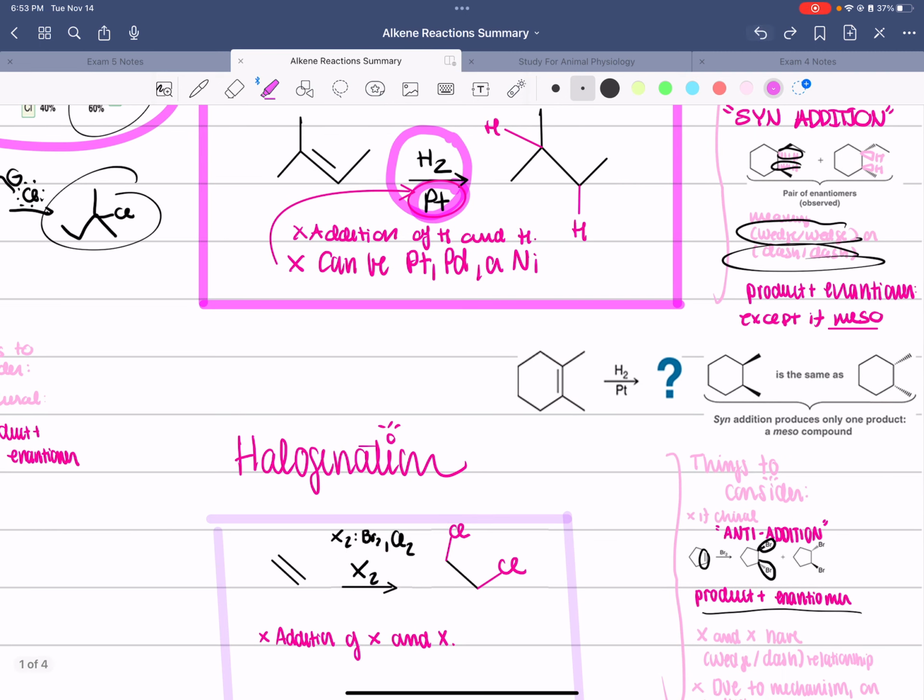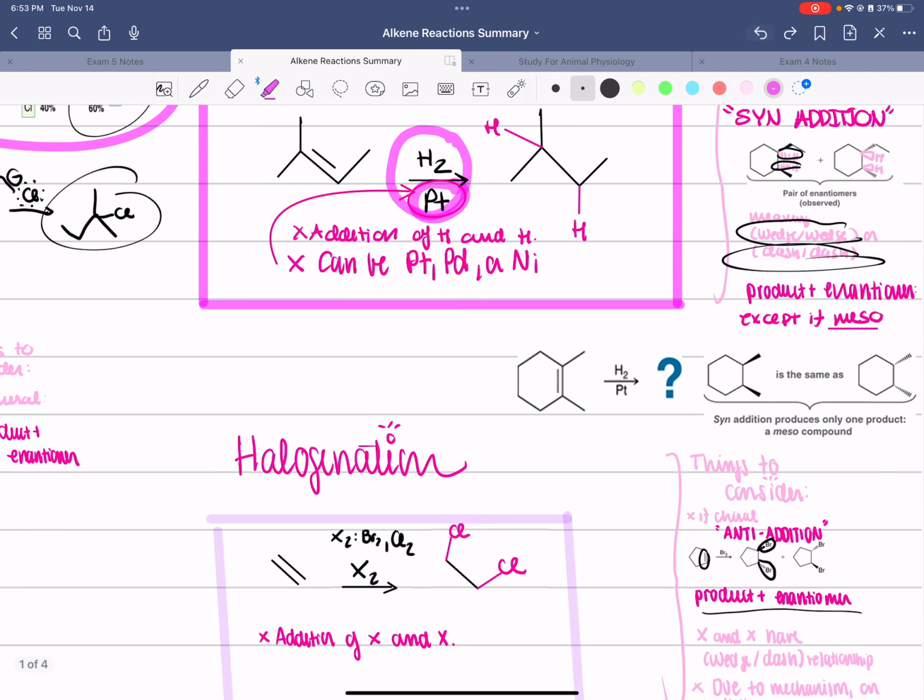So anti-dihydroxylation, so it's the addition of an OH and an OH across an alkene. So we need to get this to be able to have an anti-addition. So we need to get that arrow, the specific arrow. So what do I mean by only?